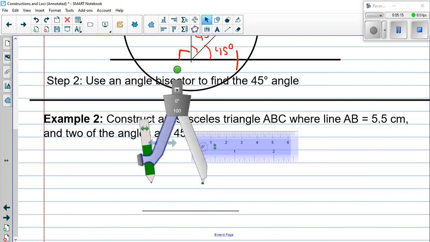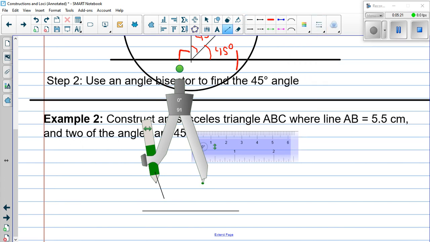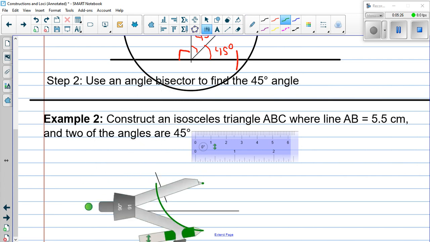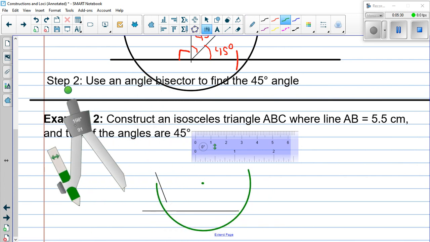So here we're going to extend it out and make sure that we cross in 2 places. Sorry. So we're going to grab that, and I'm still going to use that even though I didn't quite touch that line. I'm just going to extend it past, just because I can.